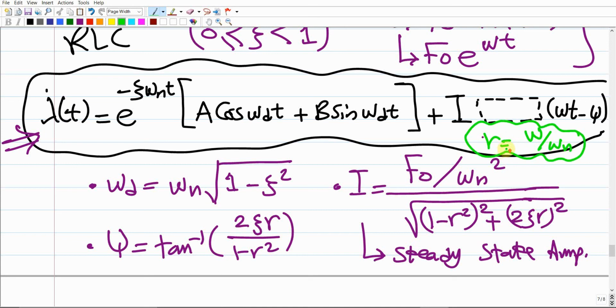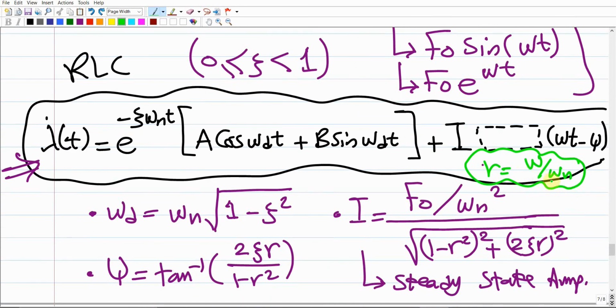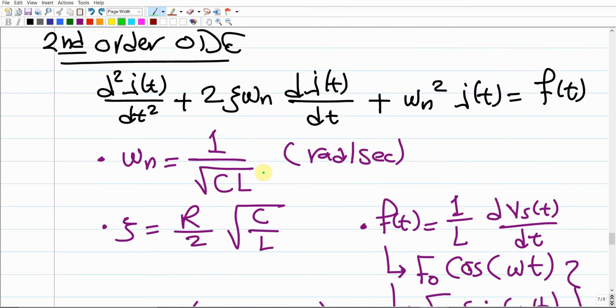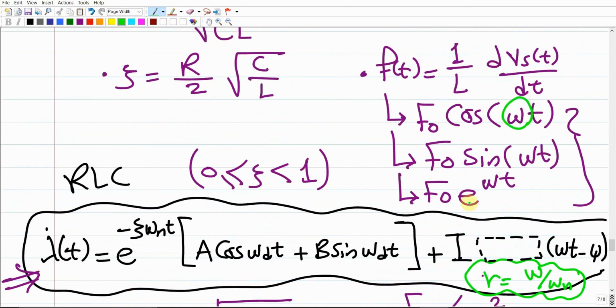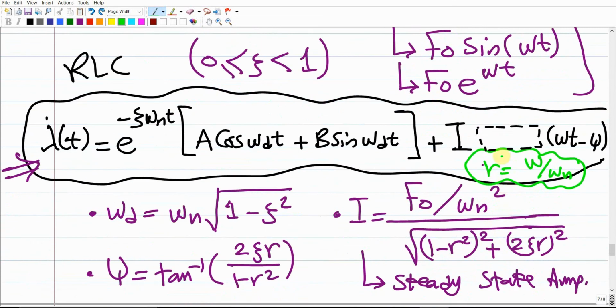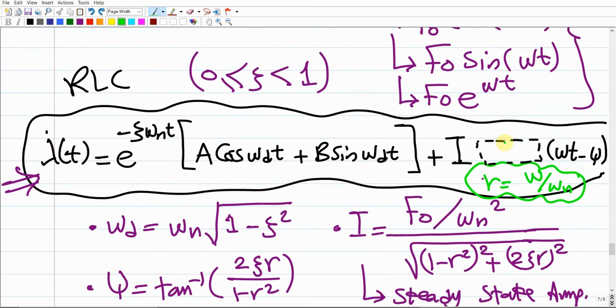This is the forcing frequency, which is definitely different from omega n. If you calculate omega n, and we have omega, which is the forcing frequency, you divide both of them to end up with r, then plug them here, and you end up with psi, omega d and I, then substitute depending on which function.